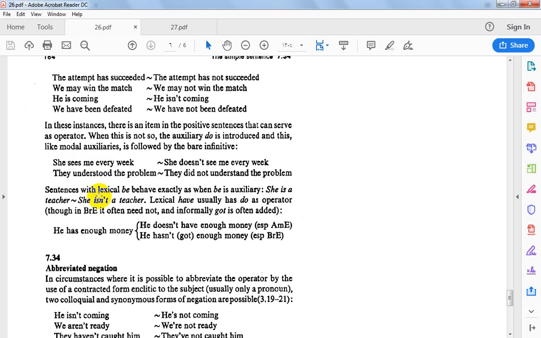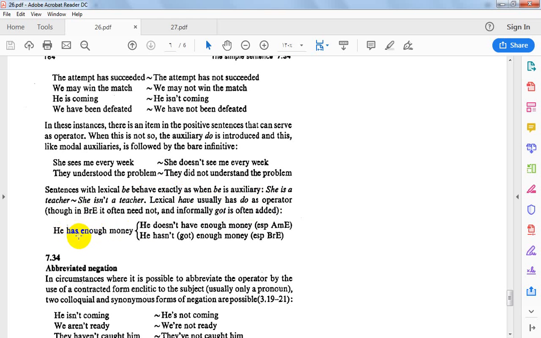Sometimes I have the lexical be: is, are, am, which behaves exactly as when be is an auxiliary. It is the same be, the operator is the main verb. When we say he is a teacher, he is not a teacher. He is clever, he is not clever. Lexical have usually has do as operator in American English, and in British English they say have not.